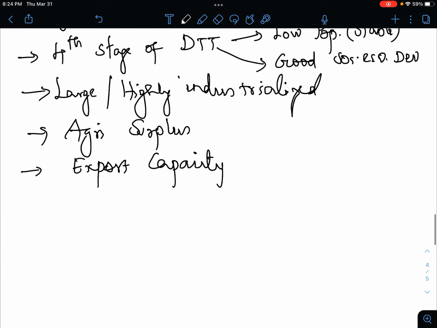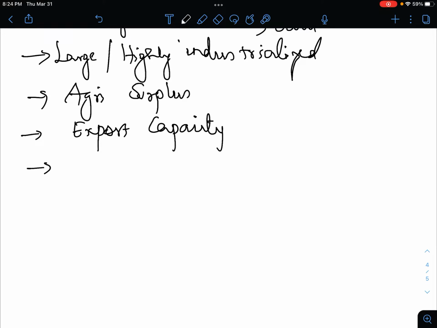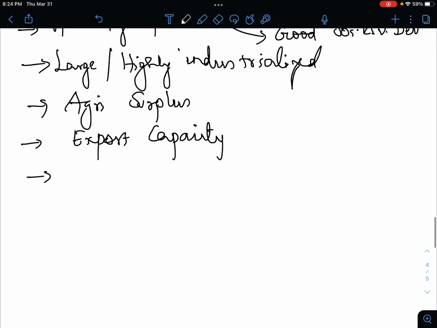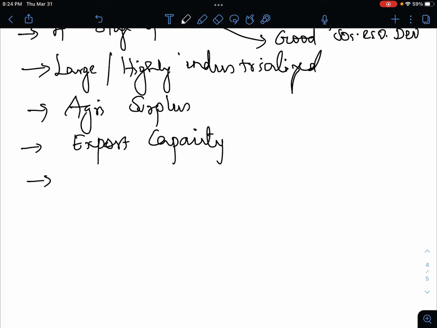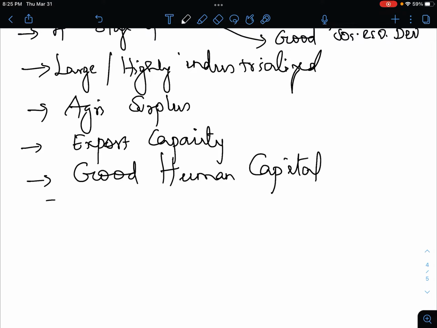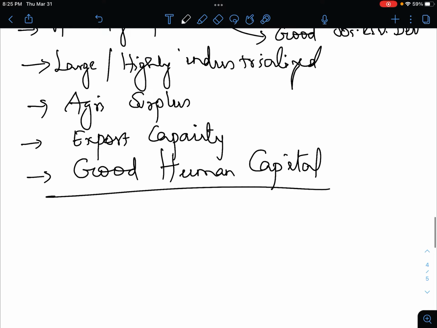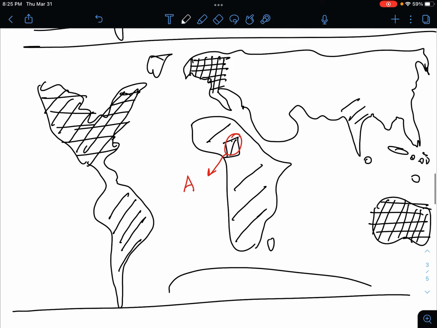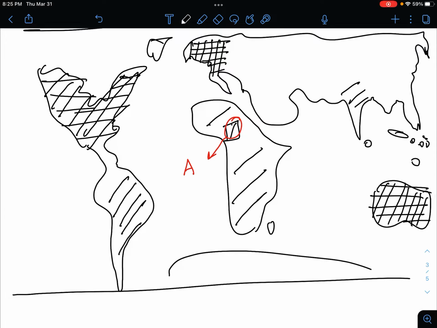Then they have good human capital. The investment in human capital is high. These are all the reasons which might lead these countries to have high human development as well as high economic development.